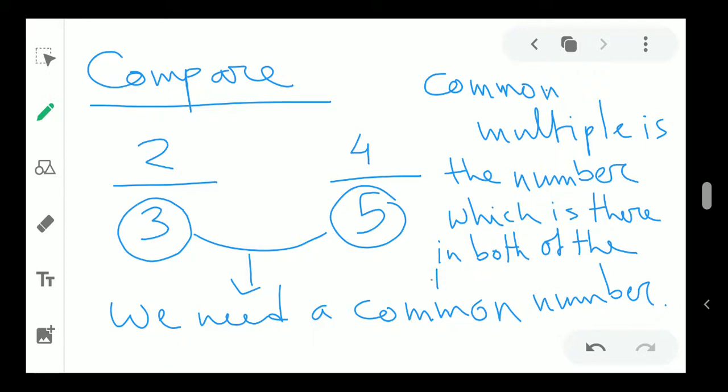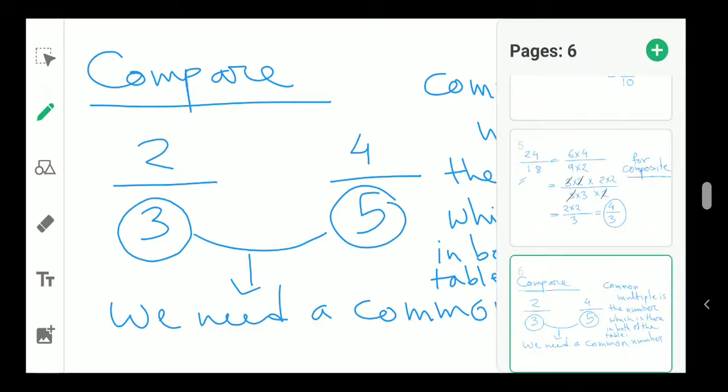So if we see the tables of 3 and 5, the common multiple will come in 3 also, in 5 also, like 15. We know 3 5s are 15, it comes in the table of 3. And for 5, 5 3s are 15, so it comes in the table of 5 also. So what I will do, I will make my denominator the same.